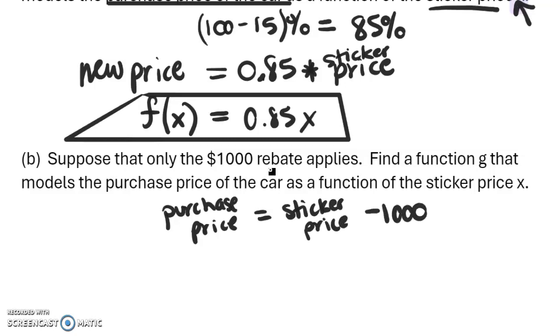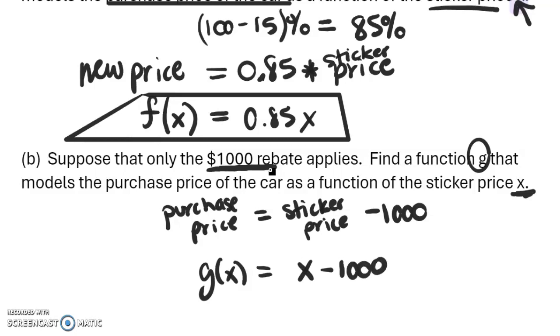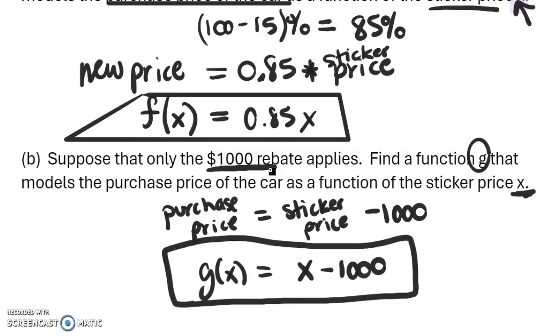So there's no percentage off. It's just an amount off. So, they tell us to call this function g. So g of x, the sticker price is x, will be x minus 1,000. So now I've created a model for that scenario in part B.